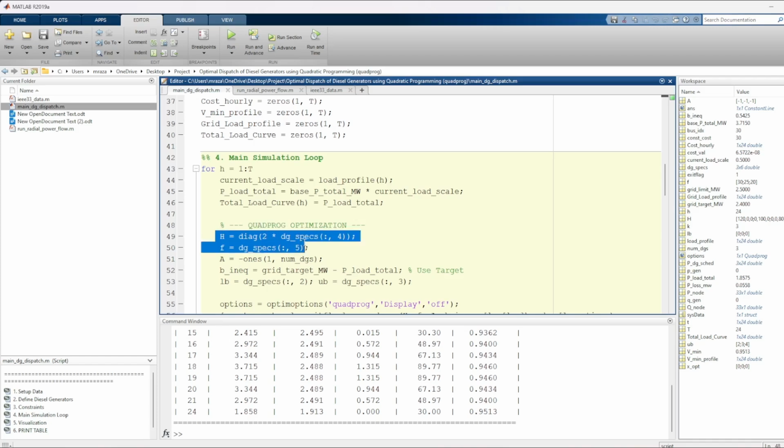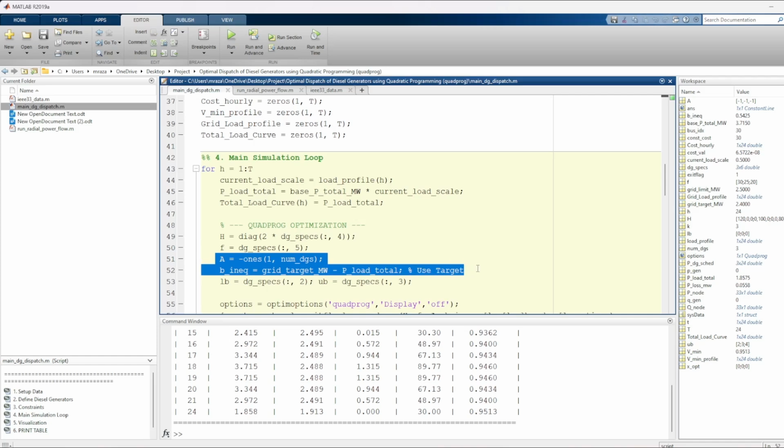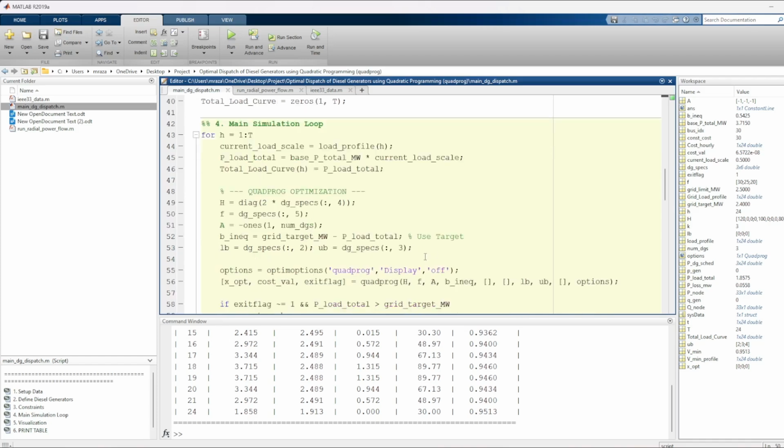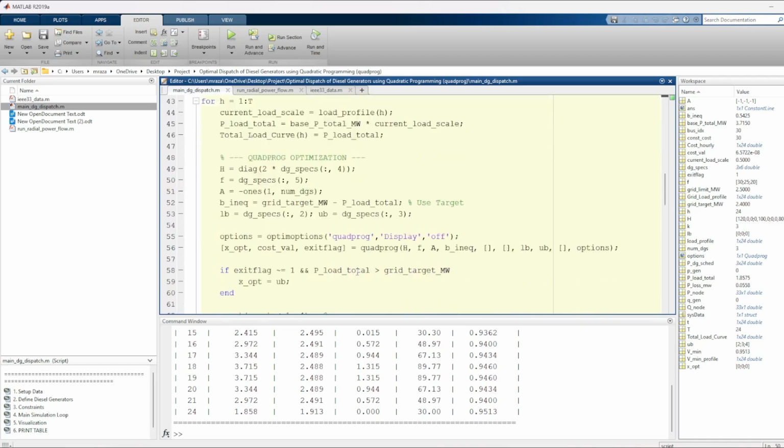And here H and F parameters are actually the cost of the fuel, A and B underscore INEQ mention the constraints, and LB and UB, lower bound and upper bound, are the generator size limits.